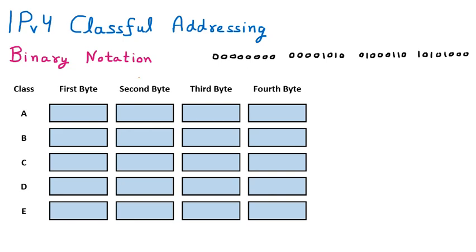Now how do we find out which particular class this IP belongs to? First of all, we know that the IP addresses are divided into 5 classes: class A, B, C, D and E. As with the dotted decimal notation, where we focused on the first block, similarly here we only have to focus on the first part, the first byte.